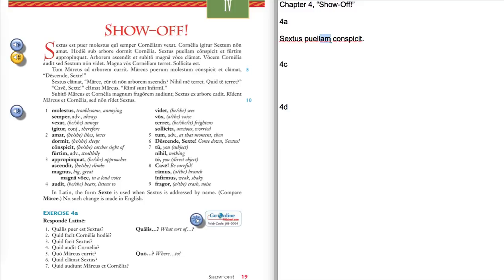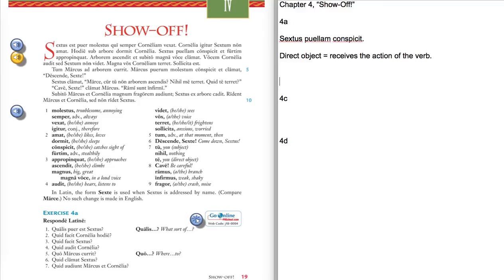So this is called a direct object. The person or place or thing that receives the action of the verb is called a direct object. Put that on its own line here, so that's more critical.